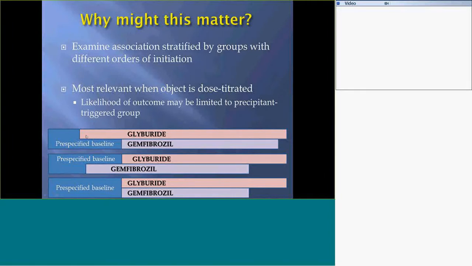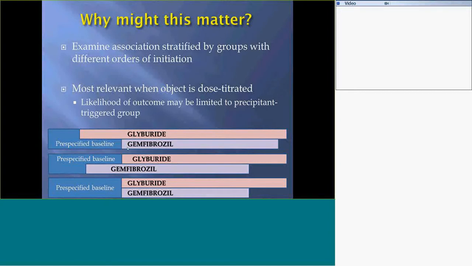So you can see here in this first scenario, like in our case report, this individual had started on glyburide. During this time period, the physician's probably tinkering with the glyburide dose to maximize its effect to bring down blood glucose.